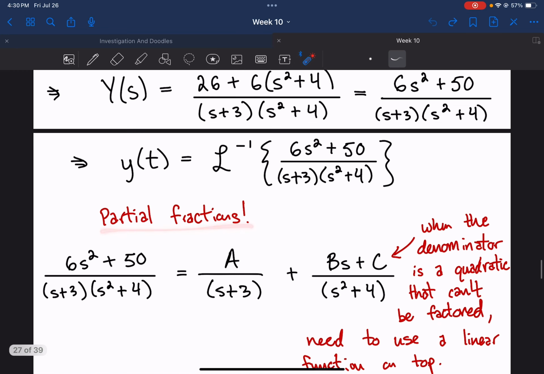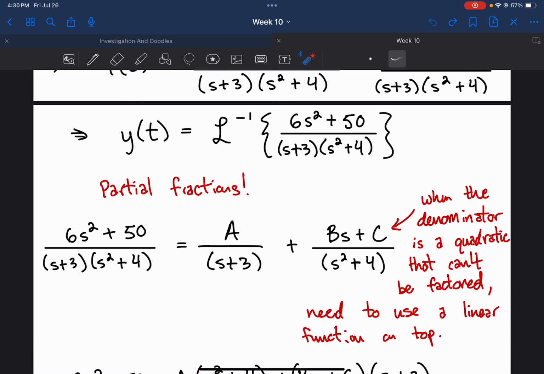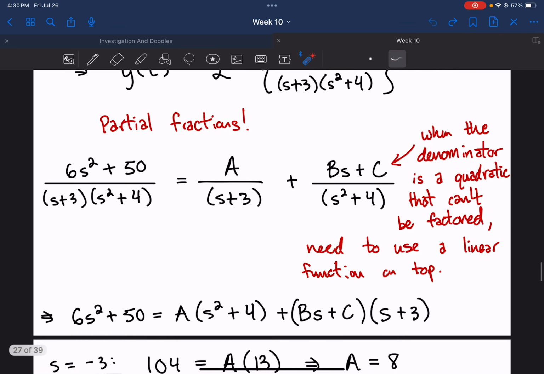And like I mentioned earlier, when the denominator is a quadratic that can't be factored, you need to use a linear function on top. So we get a bs plus c instead of just a b. Okay. So partial fractions: multiply through by the denominator to clear out all the denominators.